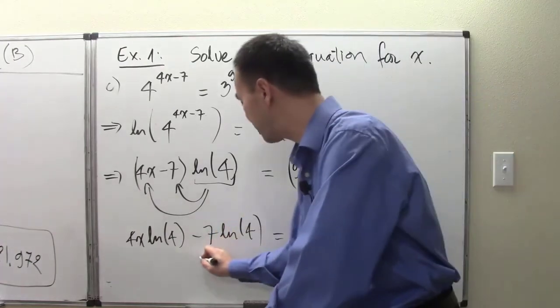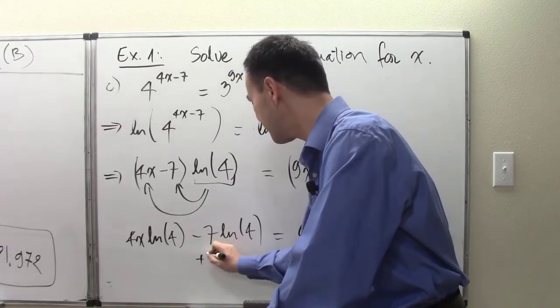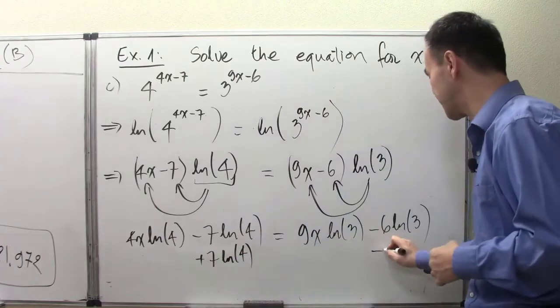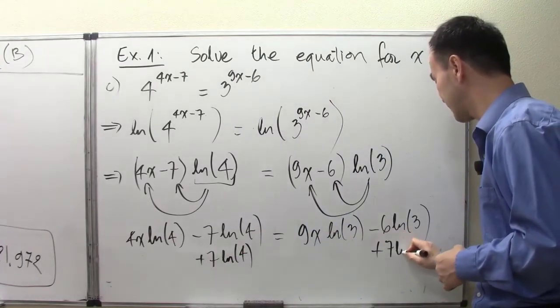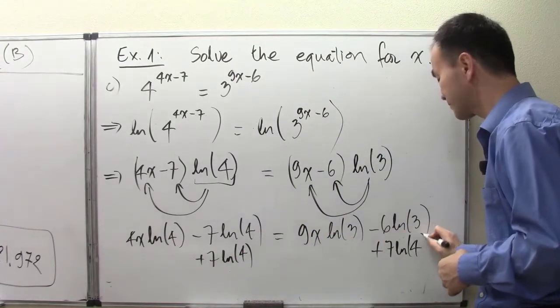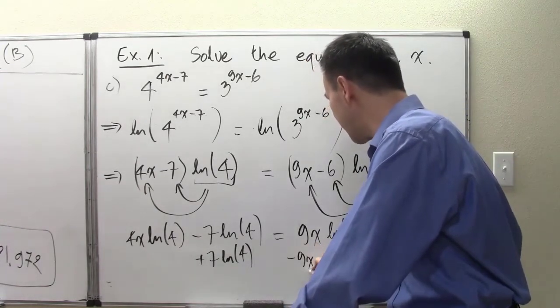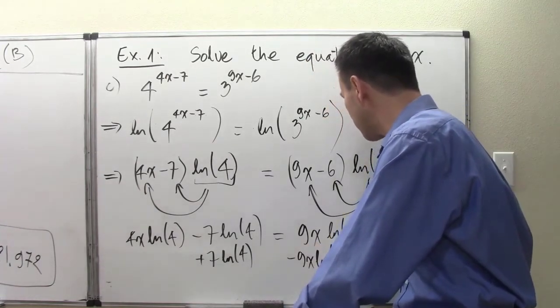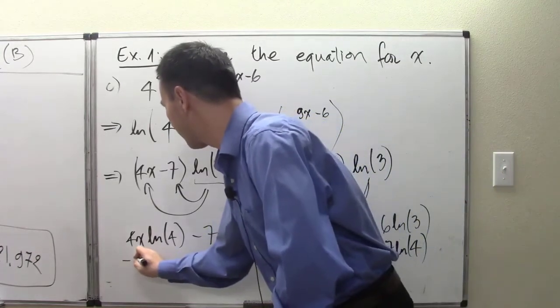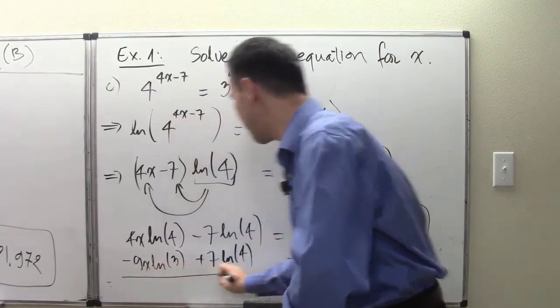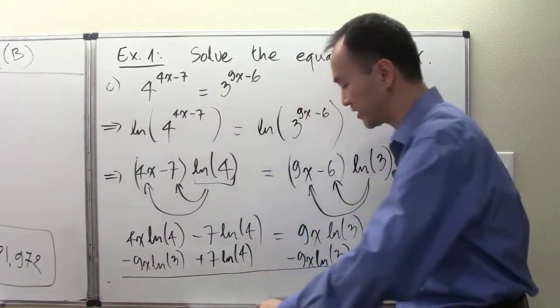All right, so now I'm going to add 7 natural log of 4 to both sides, and at the same time I'm going to subtract 9x natural log of 3 from both sides. All right, so my resulting equation becomes as follows.